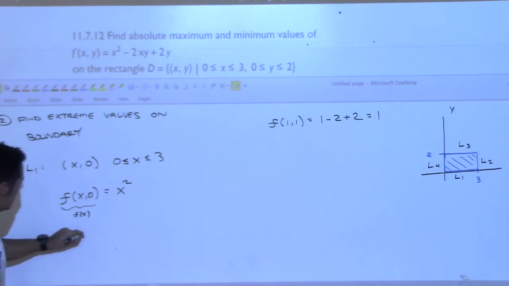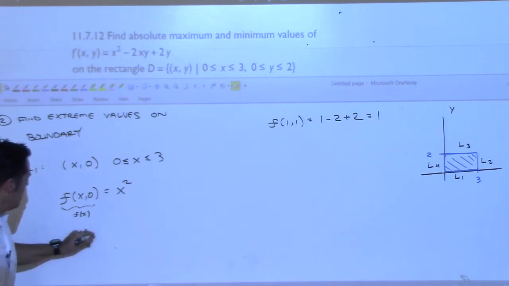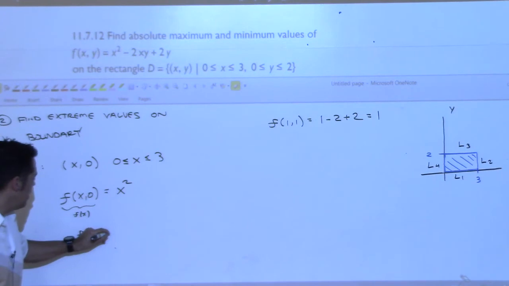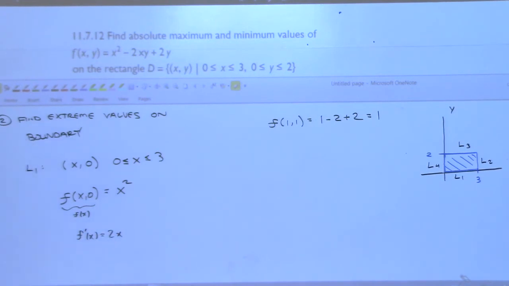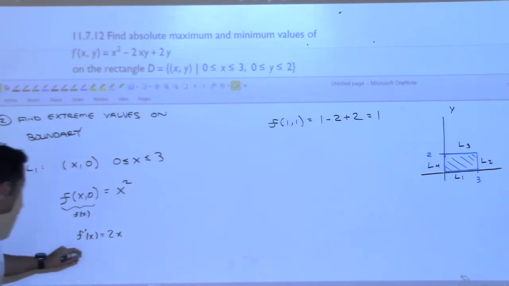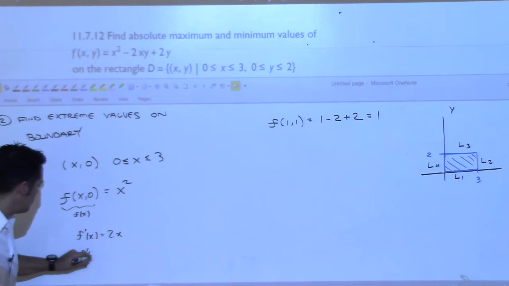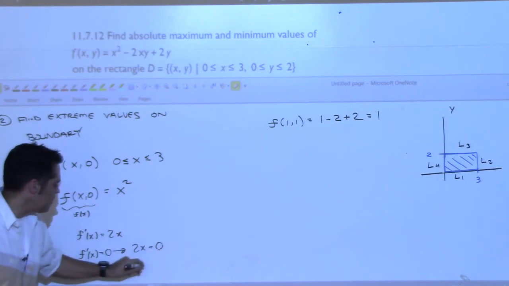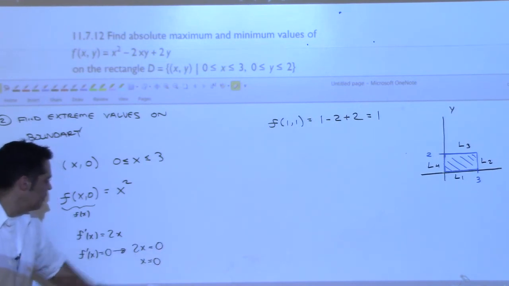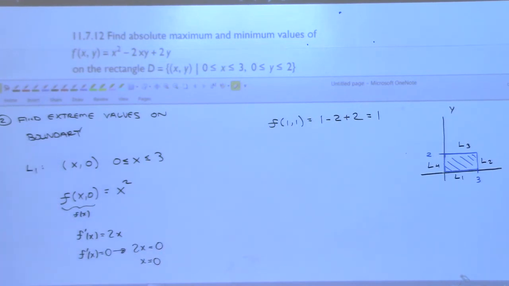The derivative is 2x. Once you find the derivative, find where it's 0. Set 2x equal to 0, so you get x is 0.